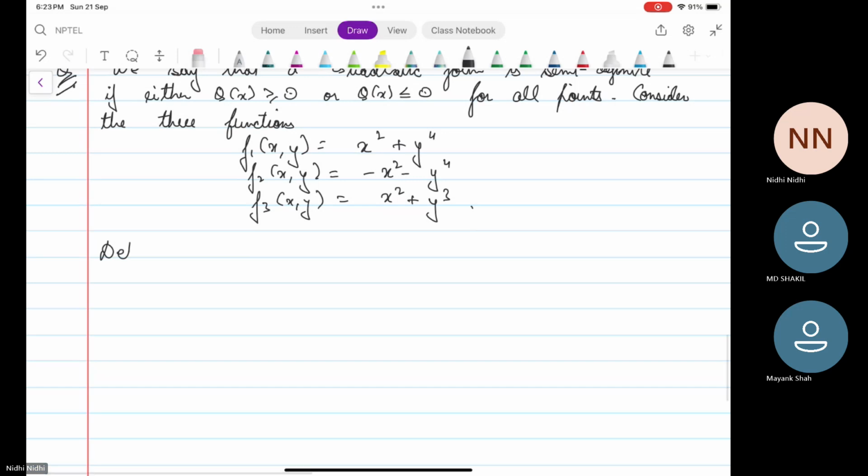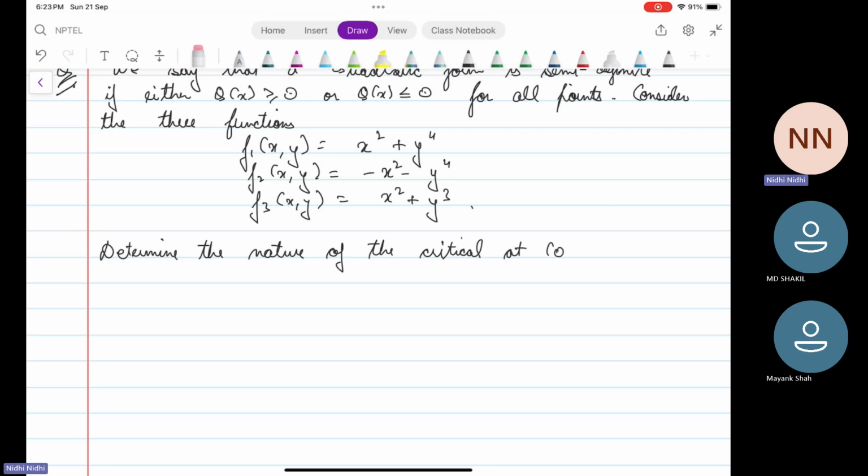Determine the nature of the critical point. That means we need to see whether this is a point of maxima, minima, or a saddle point.